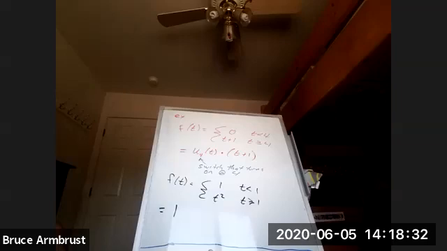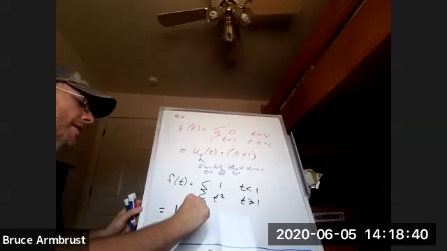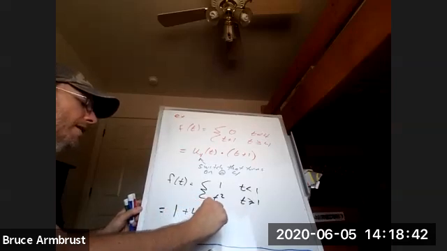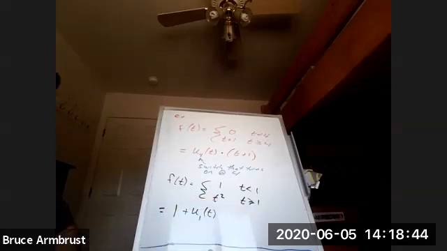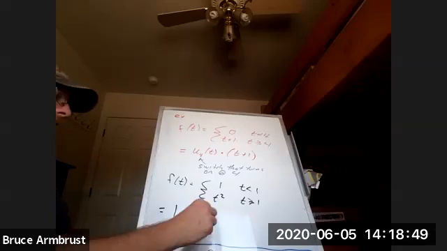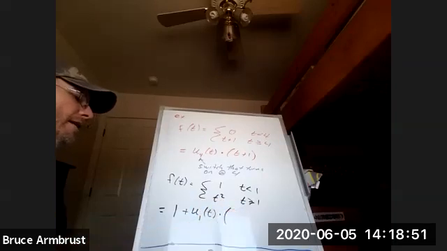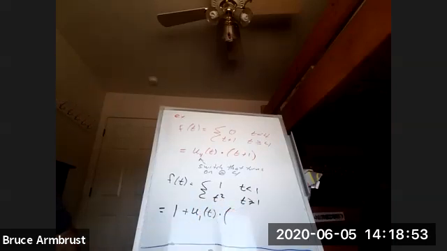Whatever your first piece is, just use that. So this is going to be 1. Then I'm going to turn something on at 1, so I'm going to use the step function at 1. And now I'm going to multiply it by something else. So what am I going to multiply it by?